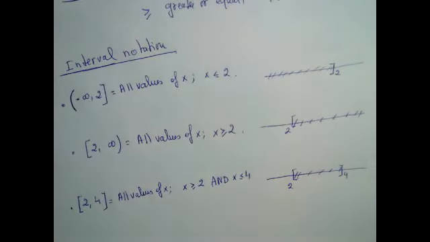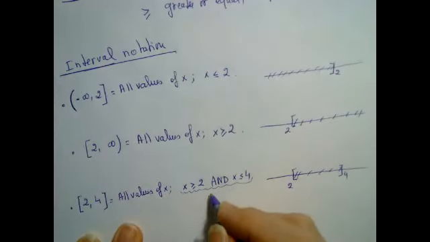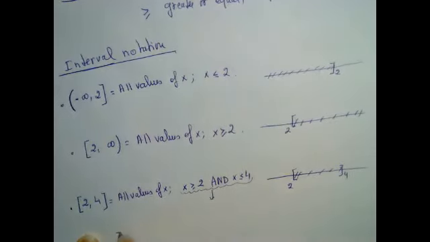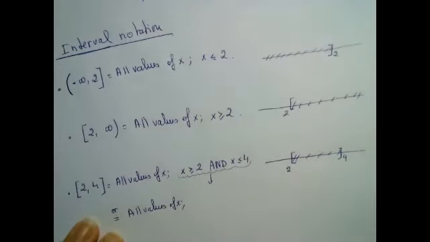Now, this x bigger than 2 and x less than 4, we write in one notation. So instead of breaking it up, this could be rewritten. All values of x such that instead of writing x bigger than 2 and x less than 4, we write this in the same notation.